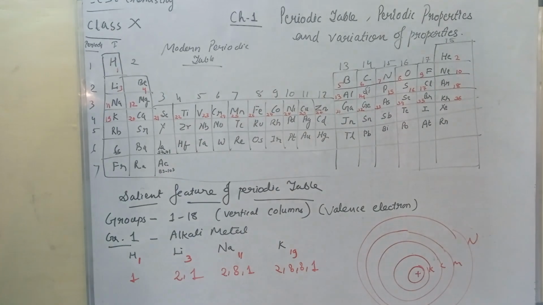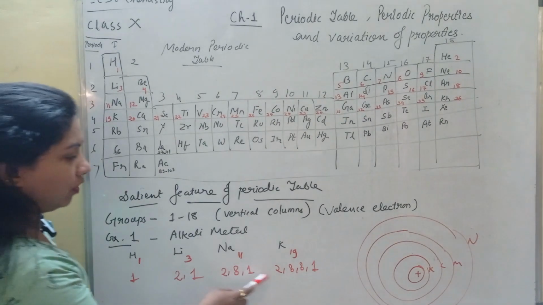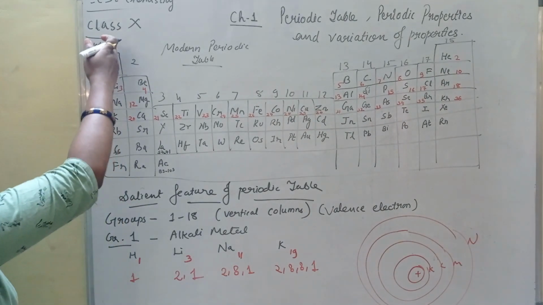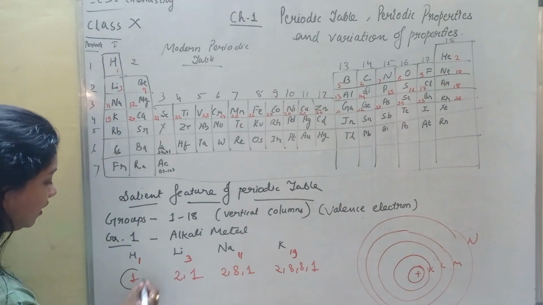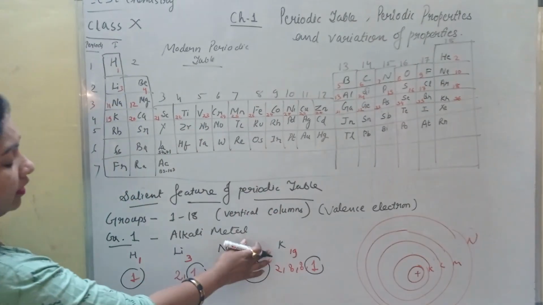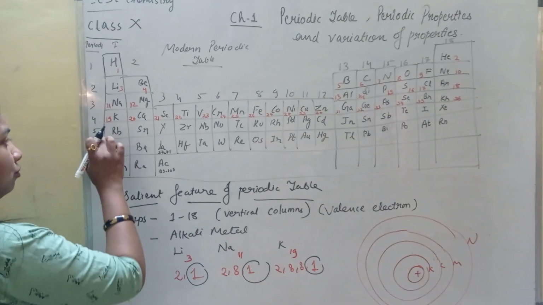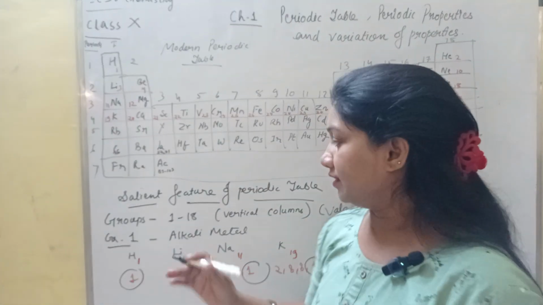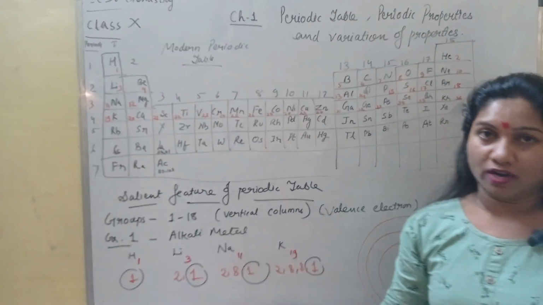You can see one thing common in this configuration: 1, 1, 1, 1. It is present in group number 1 and its valence electron is coming out to be 1 in all the cases. I have written up to potassium only. If you go to rubidium, cesium and francium, they all will have the valence electronic configuration of 1.